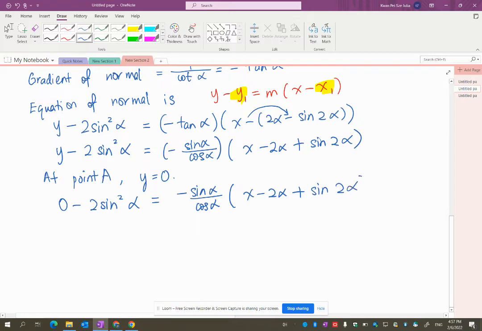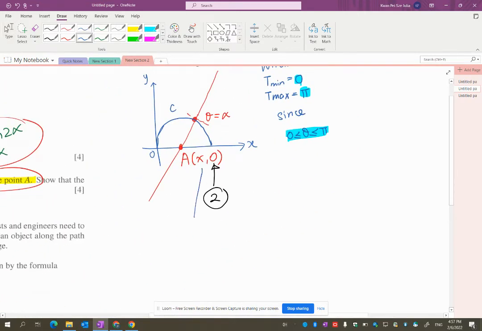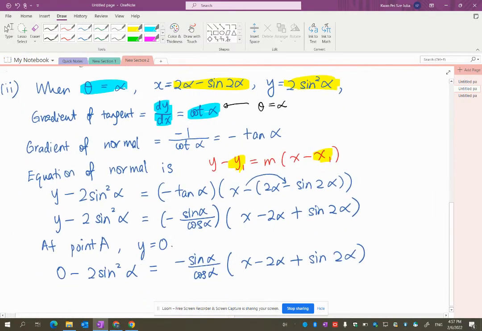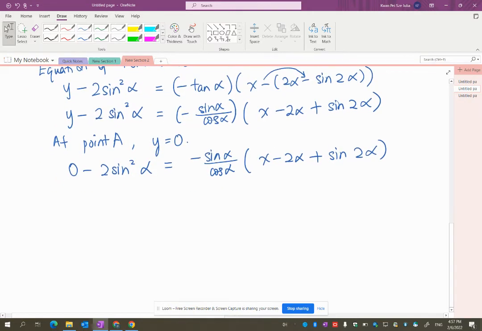So what is our end in mind? Our end in mind is to find the x coordinate, right? So to find the x coordinate, that means we need to solve for x. So how do we solve for x? Let's try to make x the subject.